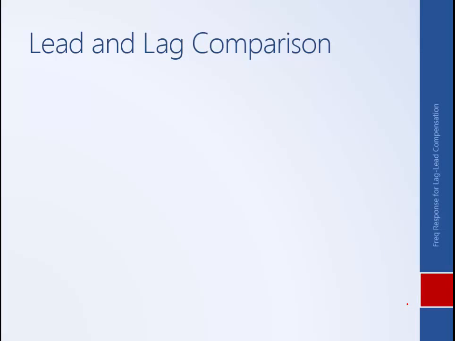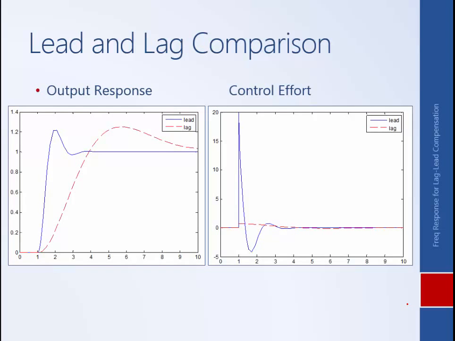So let's go ahead and compare the lead and lag compensator we just showed. In looking at those two examples, they both achieved relatively similar DC gains. And so in this case, the steady state error to a step will be 0 in both cases because the system was type 1, the plant had an integrator in it.